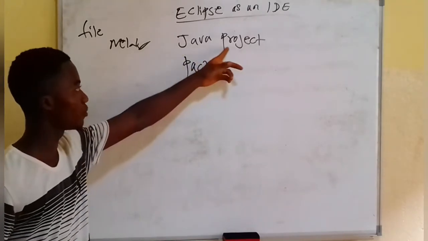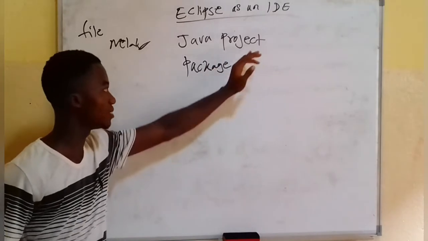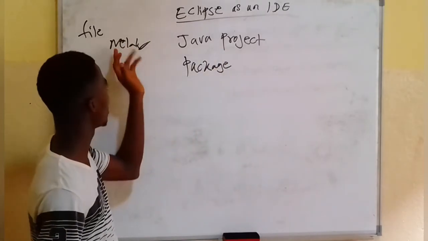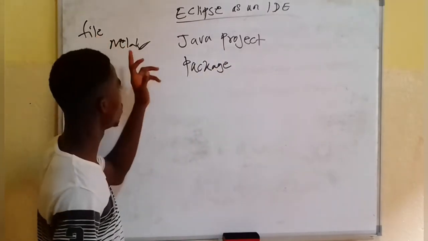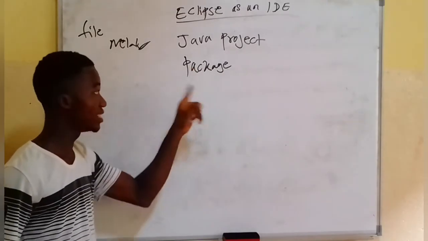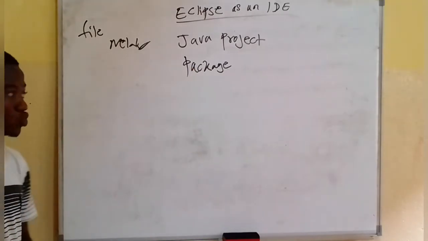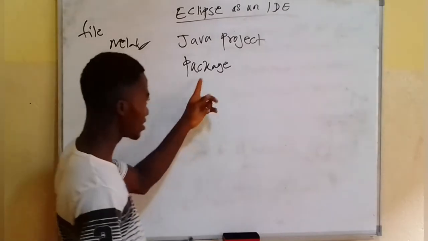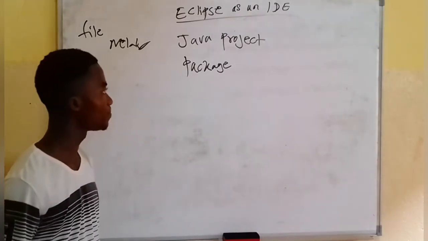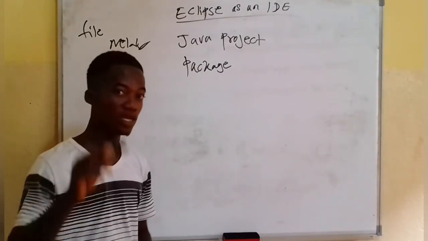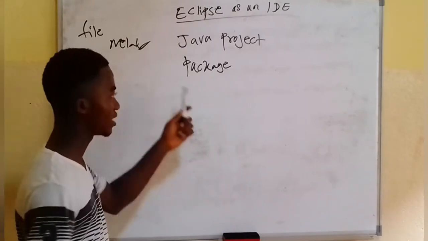Upon creating a Java project and giving it a name, it's time again: click on File, come to New, and then Package. Then you give the package a name. Please, when you start to give a package a name, start with a lowercase letter, not an uppercase.